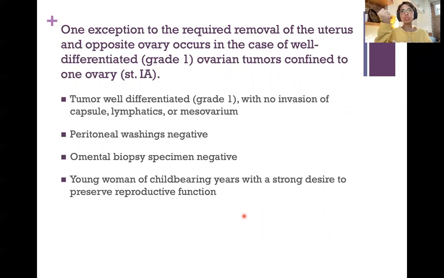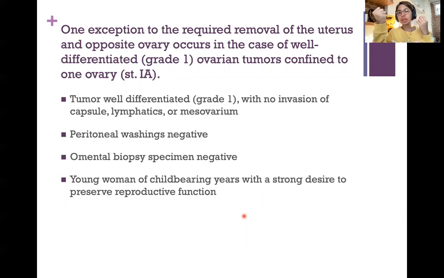Ideally, when we say complete surgical staging, we remove the uterus, both fallopian tubes, both ovaries, the lymph nodes, peritoneal fluid, omentum, right? But among young women of childbearing age, we also consider the grade, negative peritoneal fluid cytology, and negative omental biopsy specimen.